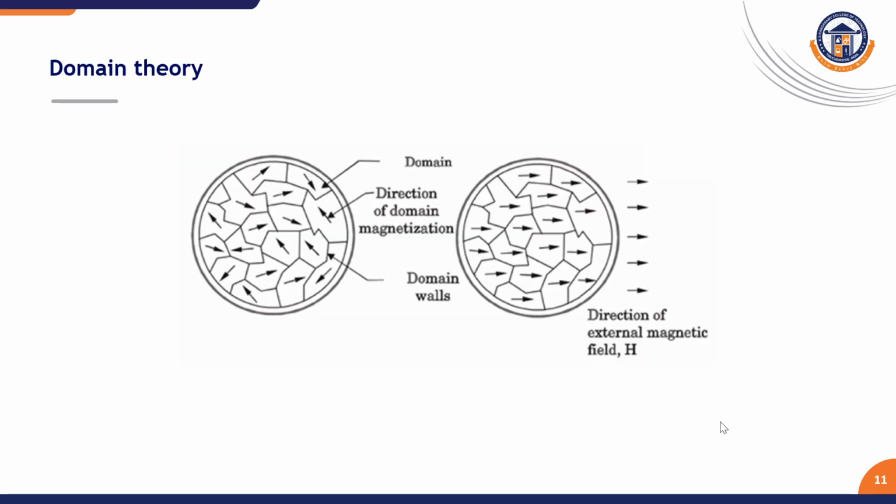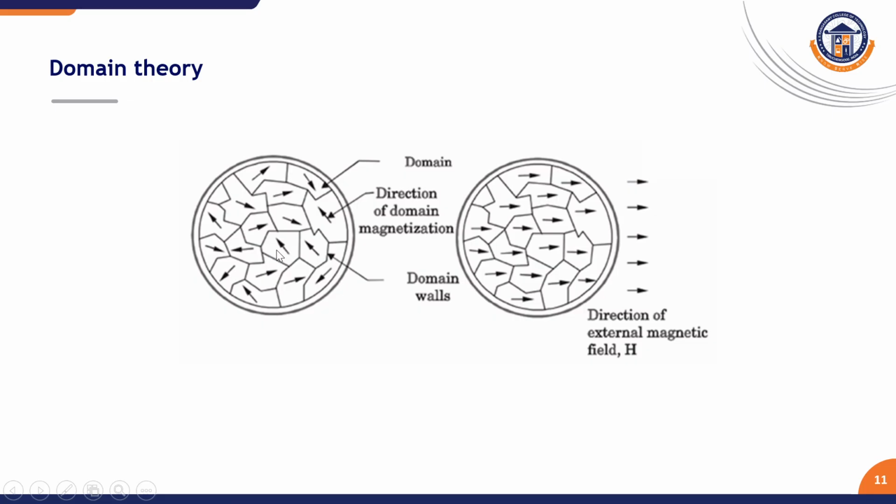Now let us see the domain theory, which explains why ferromagnetic materials are so strongly magnetic. A ferromagnetic material, as we can see in this picture, is divided into small regions called domains. Within each domain, the atomic magnetic moments are aligned in the same direction, so the domain has strong magnetization.